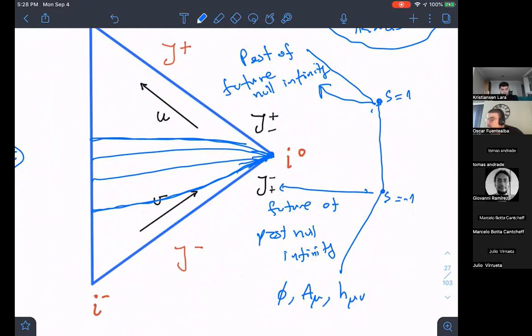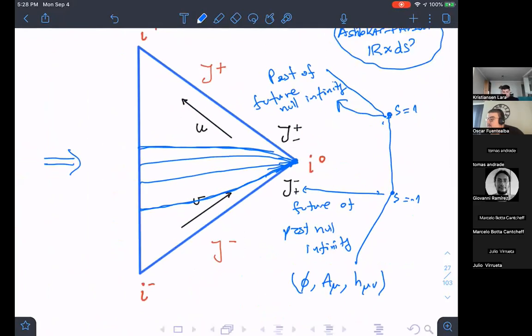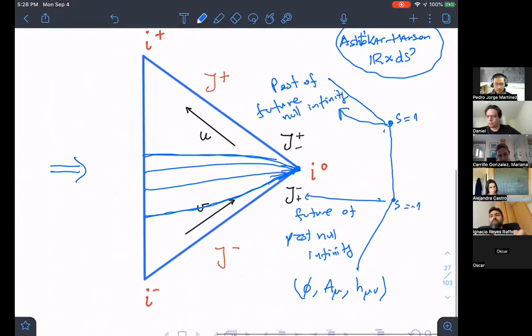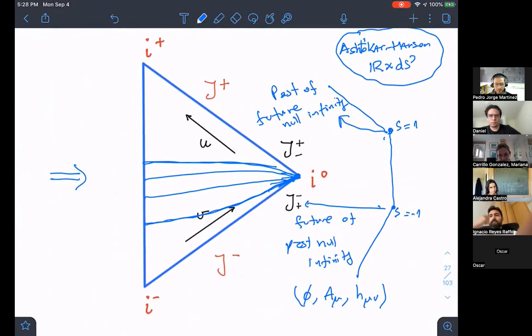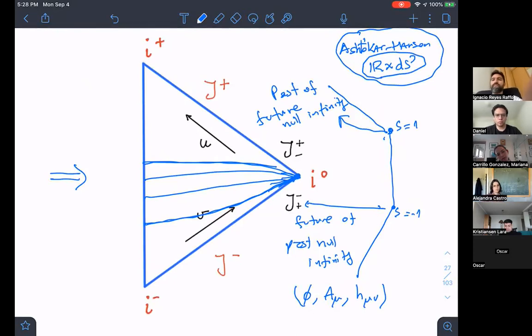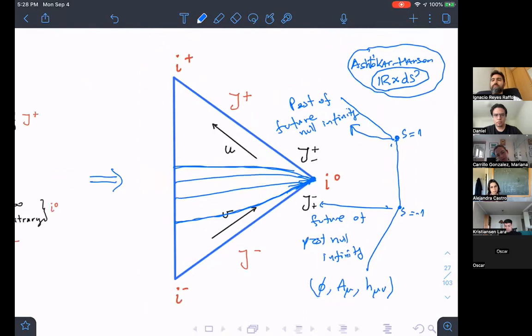This is because the equations, in this case, are decoupled in this hyperbolic foliation. So you can find different patches in order to describe different sectors, different regions of the flat space.